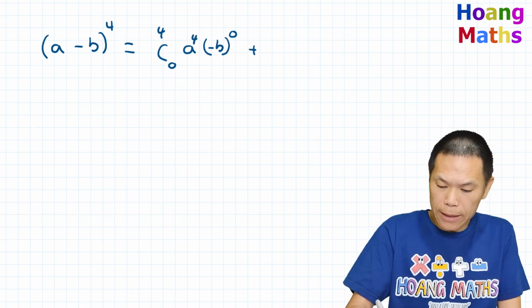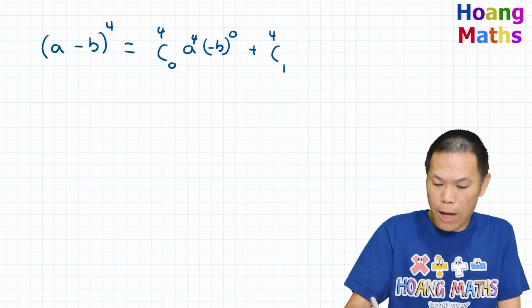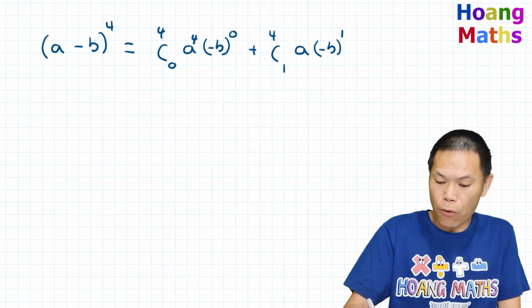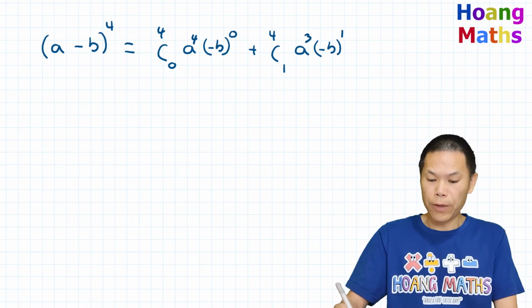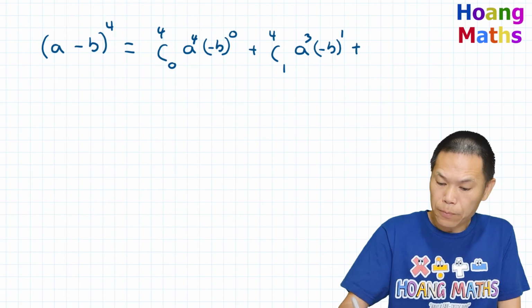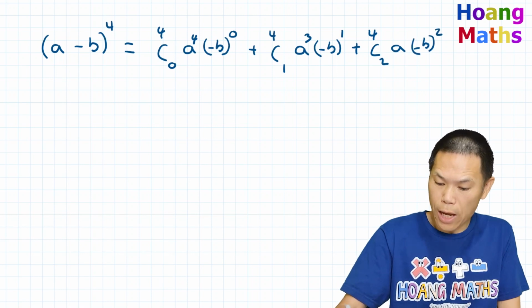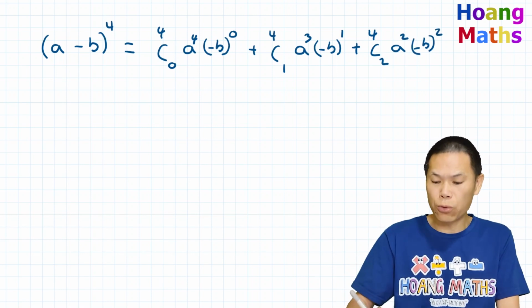And then we add 4C1, a, negative b power 1, and then a, which is 4 minus 1 is 3. And then we add 4C2, a, negative b power 2, and then a power 2.